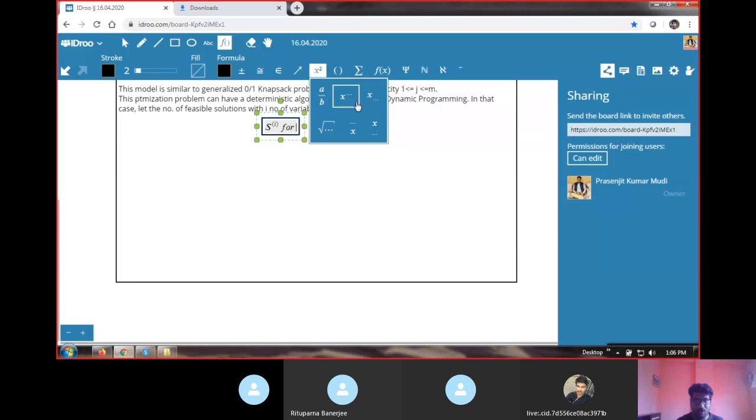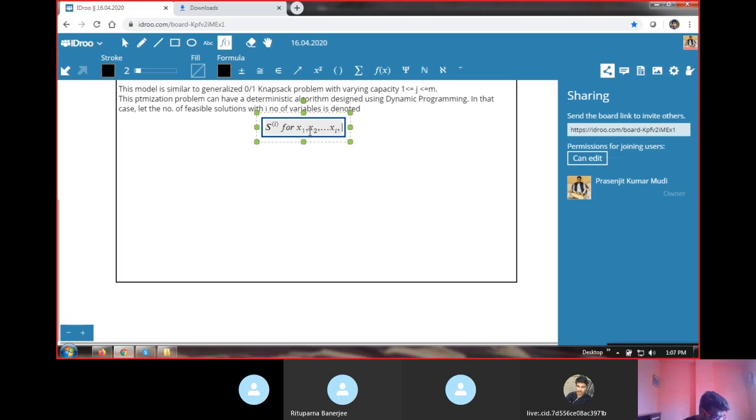If you consider i number of x variables, then all the feasible solutions are denoted by S i, where each x i can have either value 0 or value 1.